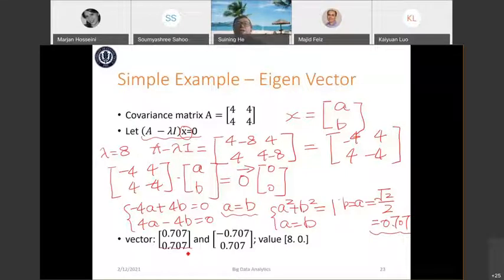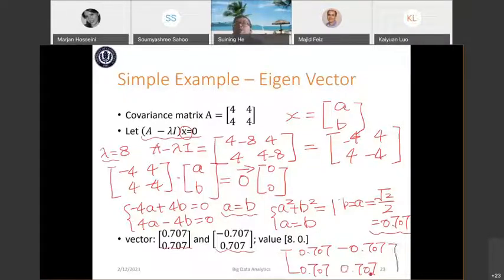And similarly, for lambda equals to 0, we can also calculate another vector of the eigenvectors. Sometimes when we are using those Python libraries, it will return as follows: 0.707 and minus 0.707, and 0.707 and 0.707.